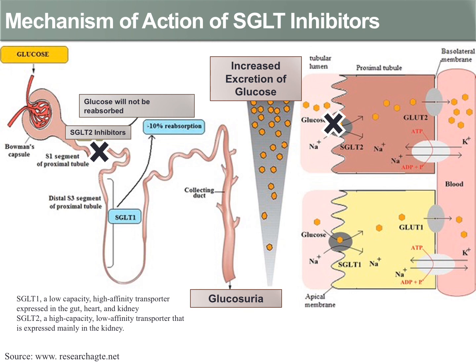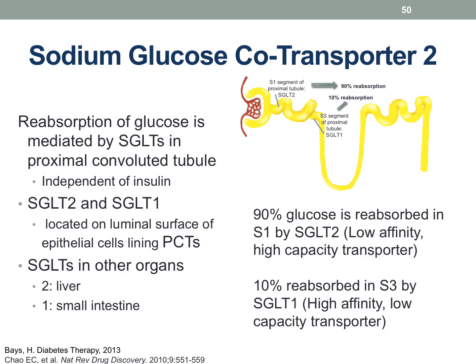And if you can imagine that, that means that we not only are able to bring down our blood sugar, but you lose weight, no? Because glucose carries calories. Because the reabsorption of glucose is mediated by the SGLT2s, if we inhibit their action, we don't reabsorb glucose and it just goes out through your tubules and out to your urine.